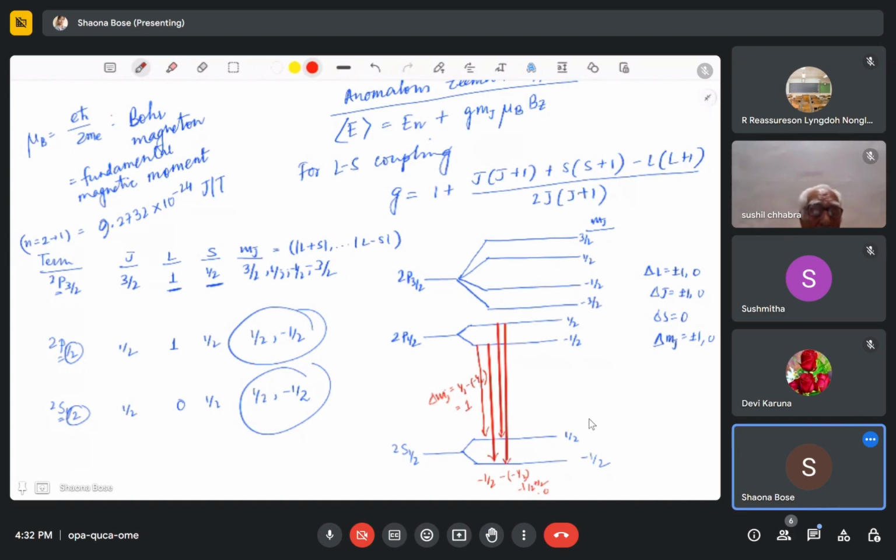Similarly, this transition, will we have this one? Let us see, half minus of minus 3 by 2. So half plus 3 by 2. So no, we won't have this. Isn't it?